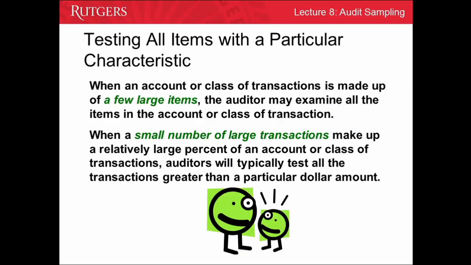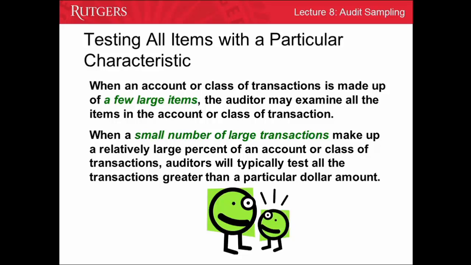Although sampling is commonly used to inspect tangible assets, records and documents, and to do reperformance, recalculation and confirmation, it is also common for auditors to use other testing approaches instead of sampling or in combination with sampling to gather evidence.